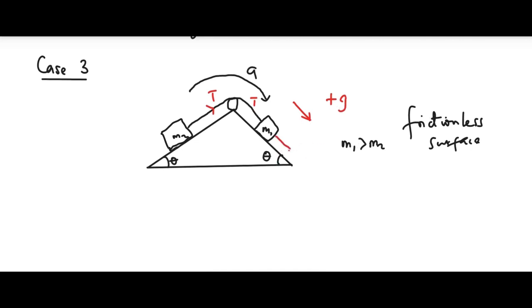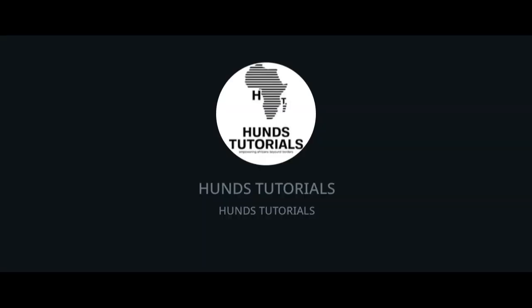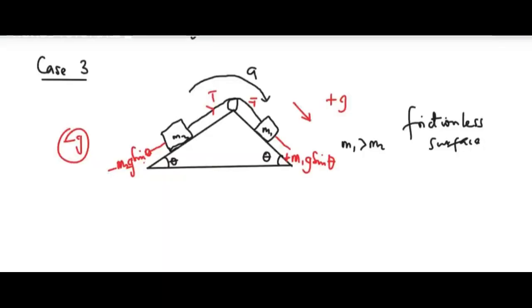Hence, the weight bringing this object downwards would be m1g, inclined, right? So you have m1g sine theta. This is positive, right? So what happens to tension here? Tension is negative. So the weight bringing this down here too would be minus m2g sine theta. So the angle is still sine. Because I don't have frictional force, these are all the forces I'm going to have for this case.